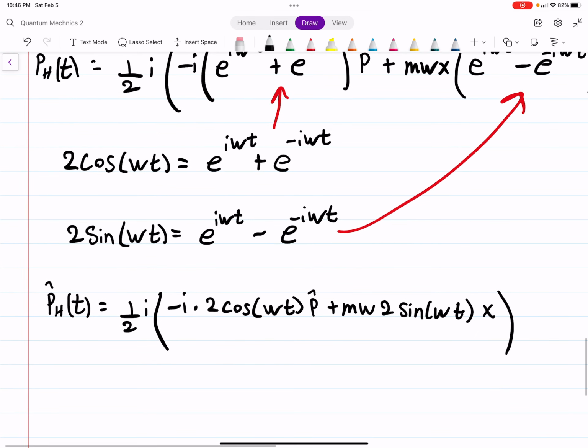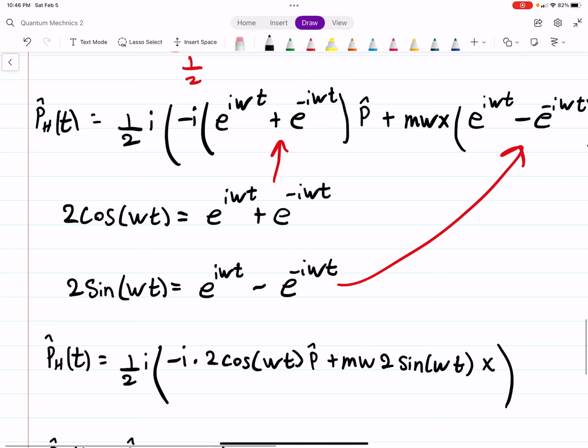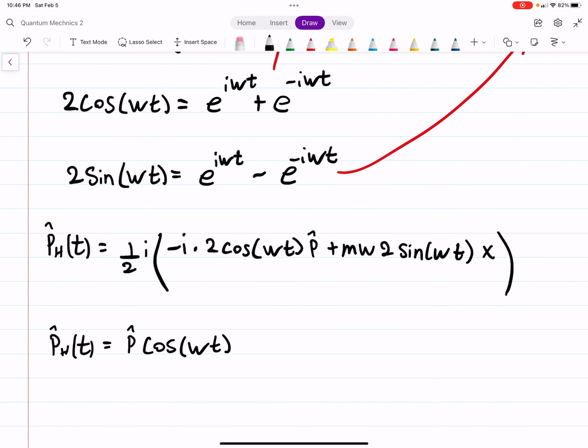And now you could distribute this, and what we're going to get is, so we just distribute the 1/2 i. Obviously the i's will be i squared, so that'll be 1. The 2's will drop, and we're going to get p hat cosine of omega t, and then your 1/2s are still going to drop, and you'll get minus m omega x sine of omega t.